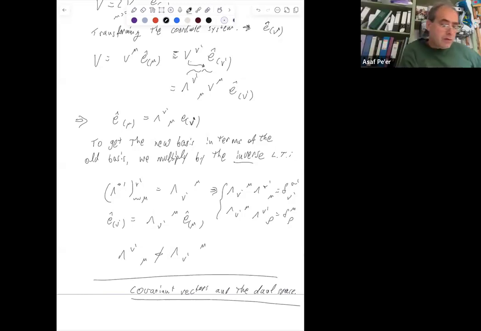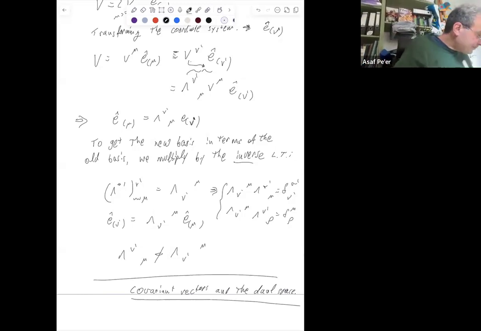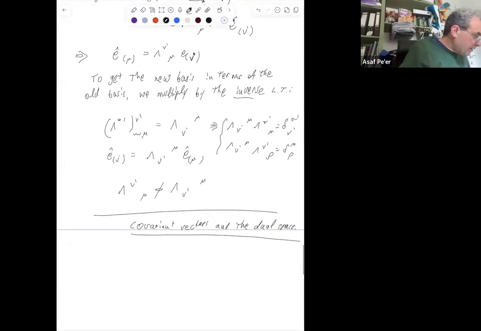Okay, so let's move on. The essential thing is that the transformation law of the components of the contravariant vector is the opposite to the transformation law of the set of basis vectors. That's why we label them with upper index versus lower index.